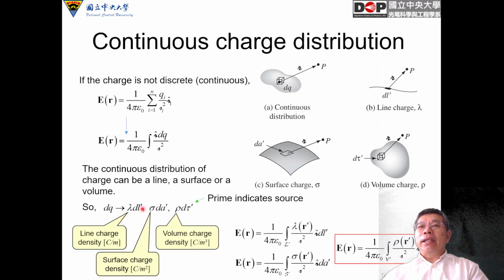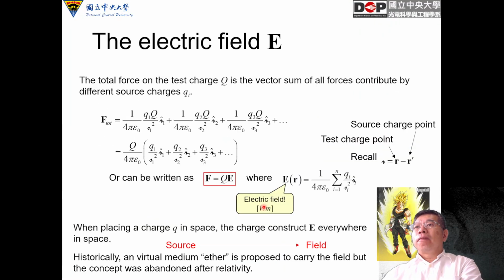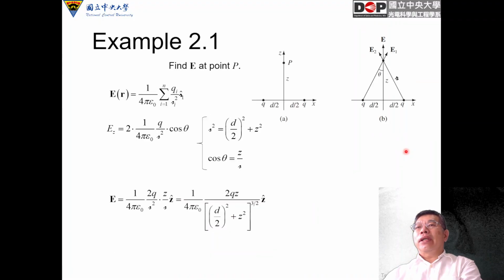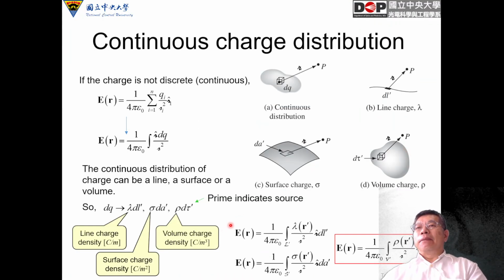Here we use the prime to indicate the source, because these are the charges which are the source of the field we want to discuss. So we use the prime to indicate source charge. That's the idea.